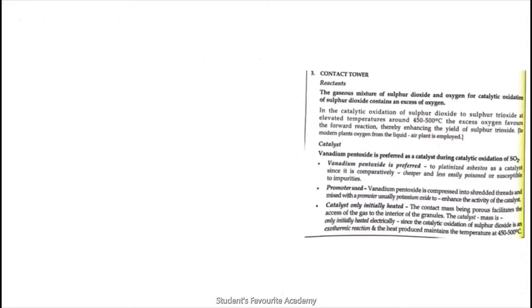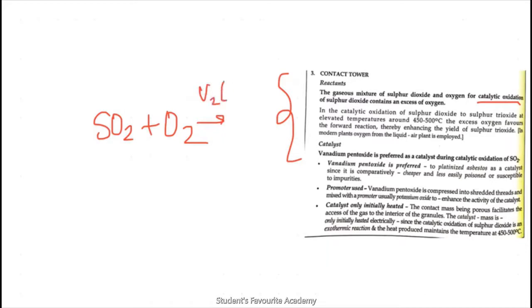Now in the next step, children, what were the reactants in the contact tower? These are the things that we have discussed already. The reactants are SO2 and O2. Since it is called catalytic oxidation, I'll be passing the catalyst V2O5, and then the temperature. So what was the catalyst?